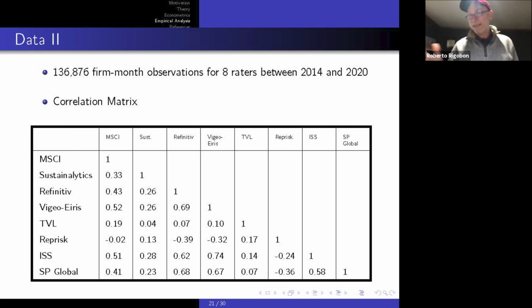Repris, which is based entirely on media and mostly bad news, doesn't detect good things. Good claims of firms will not be detected, and therefore it's very truncated. Again, it is very valuable as a piece of information, but it's mostly on the negative realizations.